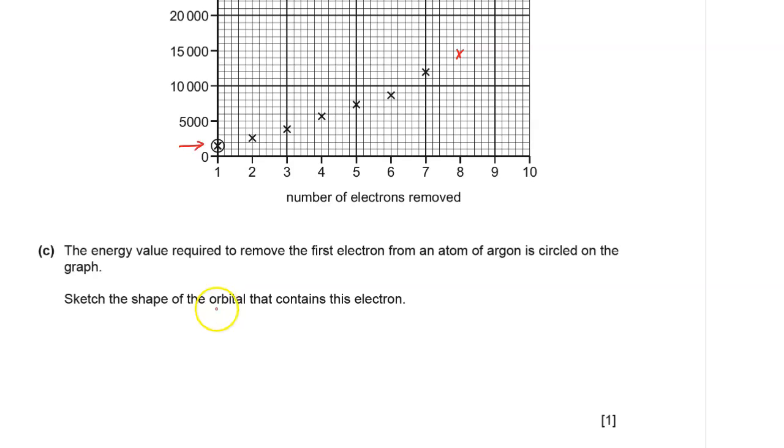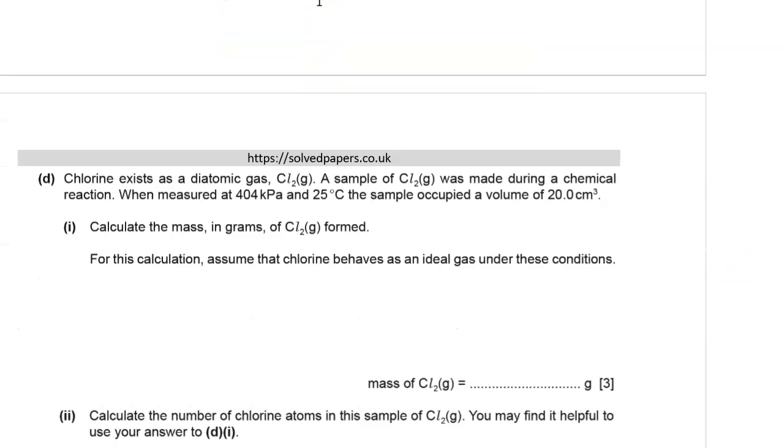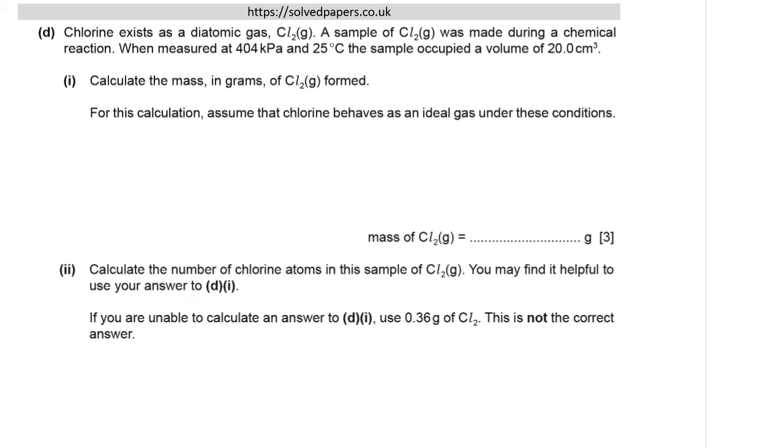The first electron is removed from the p orbital, and the p orbital looks like this. Let me draw a good one. That's how a p orbital roughly looks. Of course, we have s orbital, p orbital, d orbital, and f orbital.